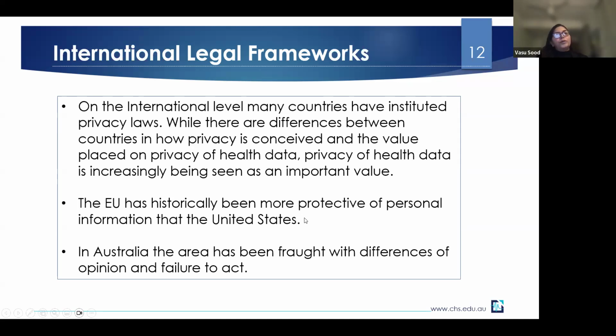For example, the European Union has traditionally taken a more stringent and proactive stance on protecting personal data. We have a regulation in the European Union called GDPR that reflects the European Union's commitment to strong data privacy rights and control for individual data. Then we also have HIPAA compliance, which is, I think, from the United States.